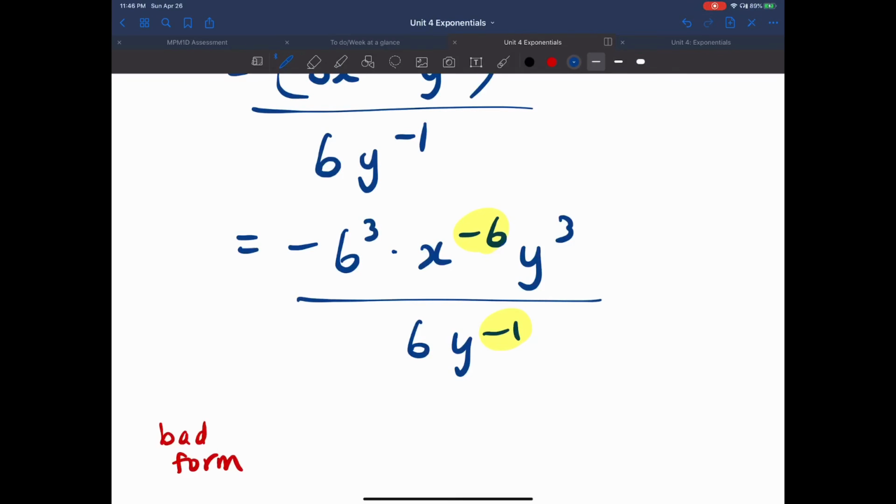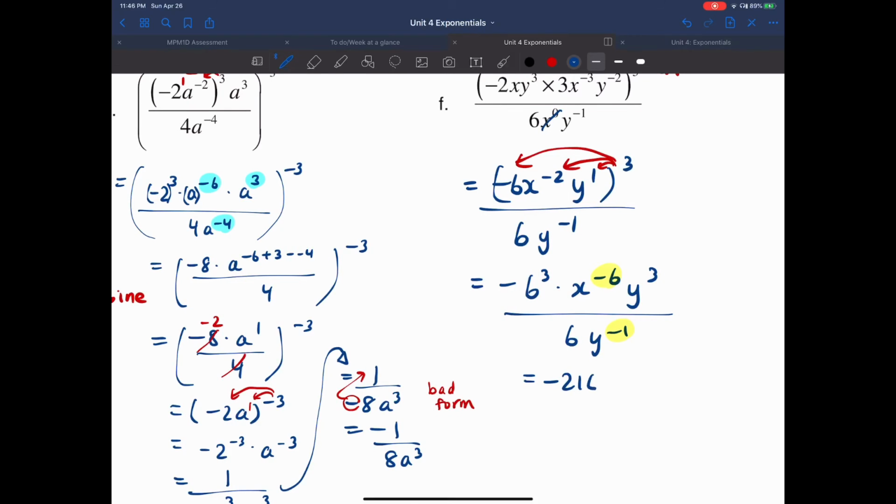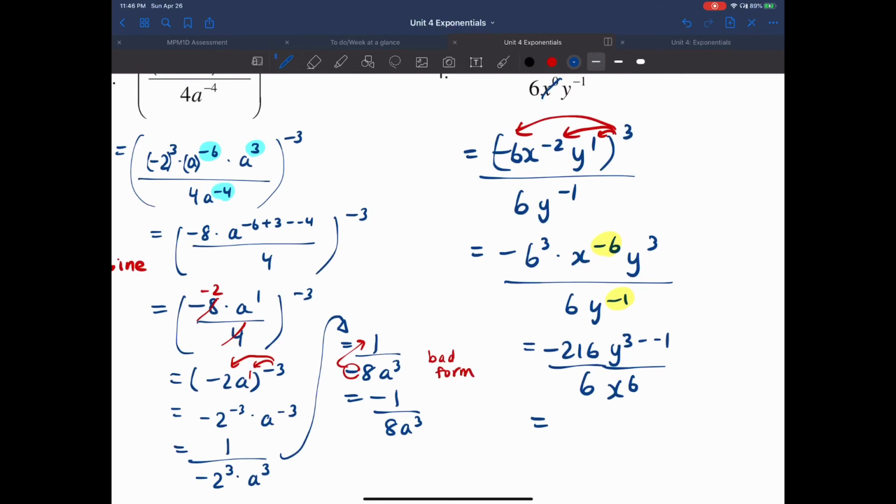So for now, (-6)^3 is equal to -216. So I'm going to write that down. And then I have this over 6. I'm going to combine certain parts. So I have the x^6 on the bottom, and then meanwhile y to the 3 minus -1 because it's in the denominator.